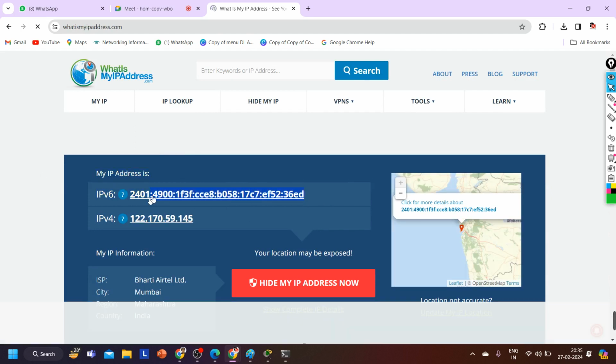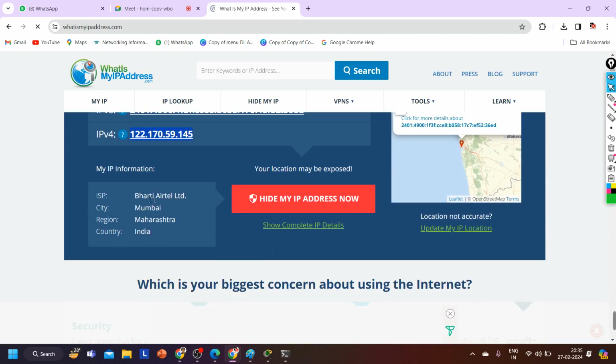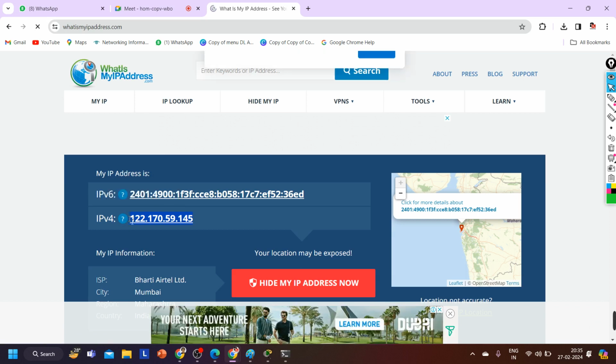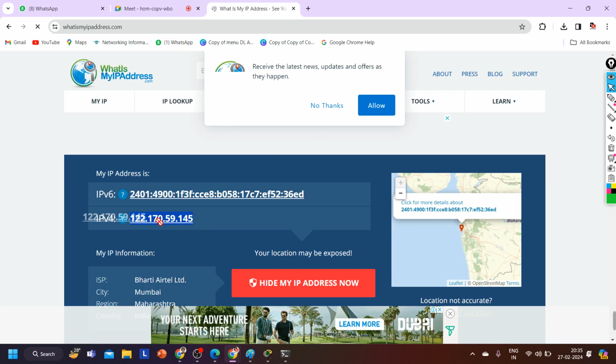This is the public IPv6 address. This is my public IPv4 address, right? My ISP is Bharti Airtel Limited, City Mumbai, Maharashtra, India. So this is my public IP address, and this IP address is payable. I am paying every month to use the internet. I am using the internet through this public IP address only.